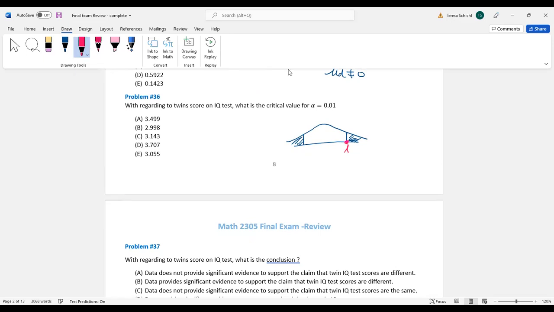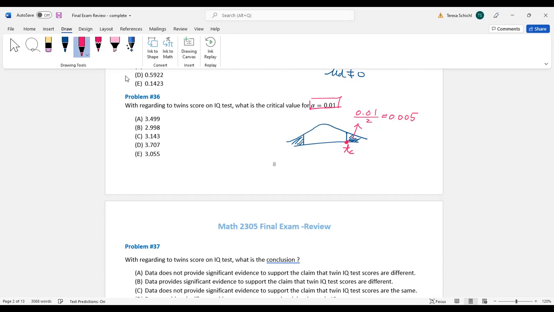So this is the T critical value. Because alpha is 0.01, but you give it to two areas, this area is 0.01 divided by 2. So this is 0.005.